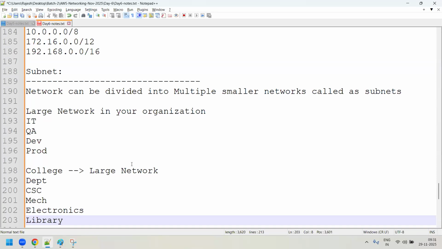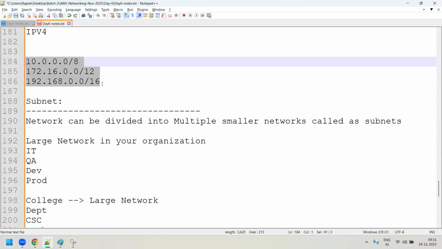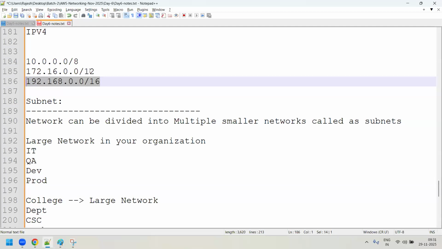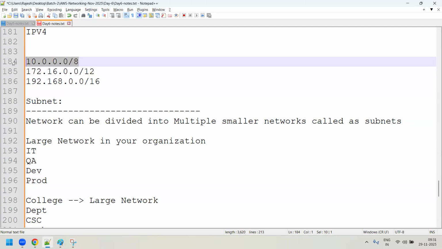So while subnetting, there are things you need to take care of. The first thing you need to decide is which IPv4 private CIDR range I'm going to choose. Am I using this one or this one? That is one criterion.